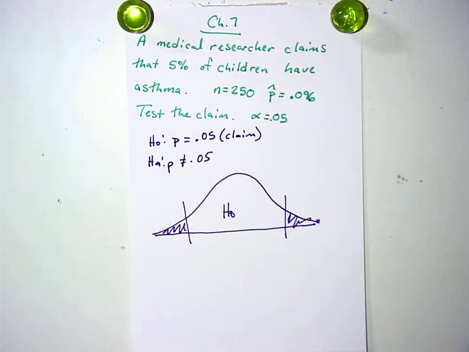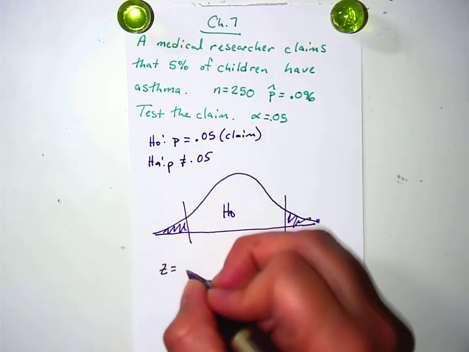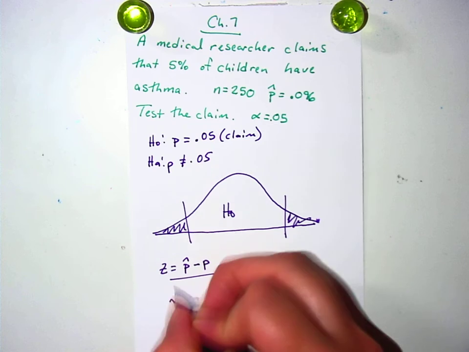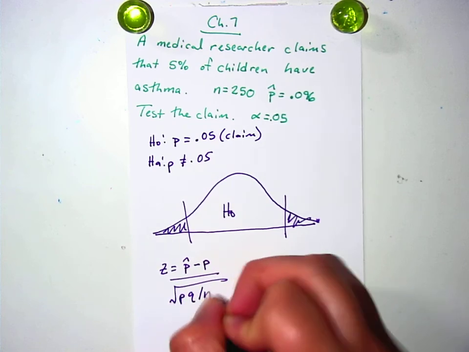And now we've got to do a little bit of math. So this is definitely a proportion hypothesis test, and the formula for that, if you look it up, is z equals p hat minus p over the square root of pq divided by n.